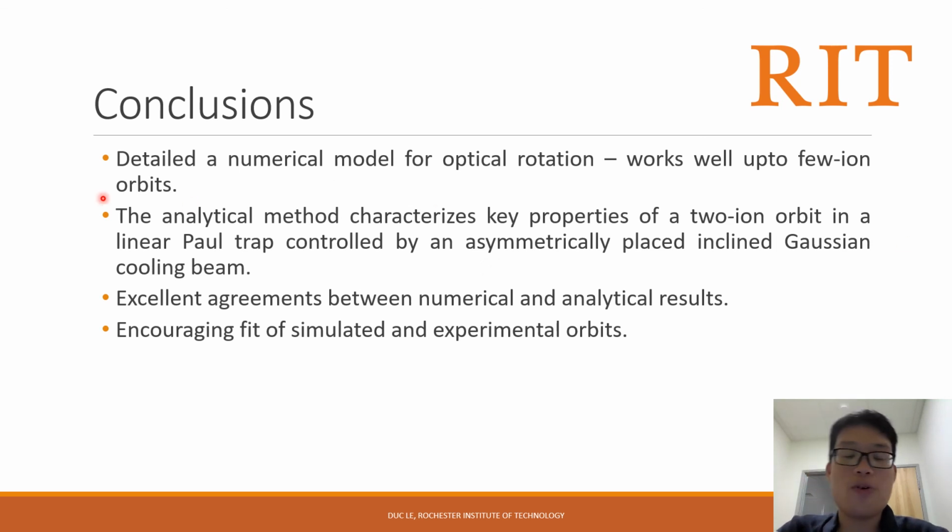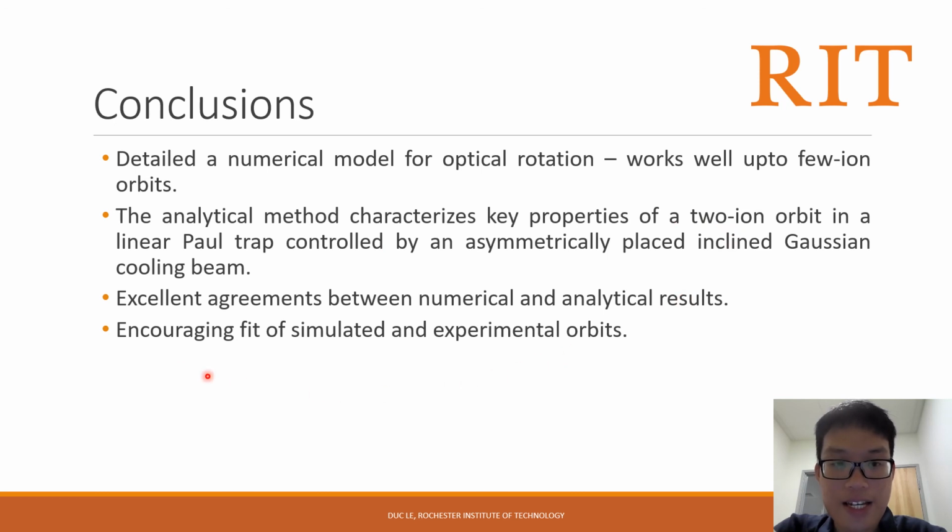So in conclusion, we have detailed a numerical model for the optical rotation that matches very well with the experimental result. We were also able to derive an analytical method that gives very simple equations to describe the key properties of the 2-ion orbit, including the diameter and the rotational frequency, along with the rotational condition.